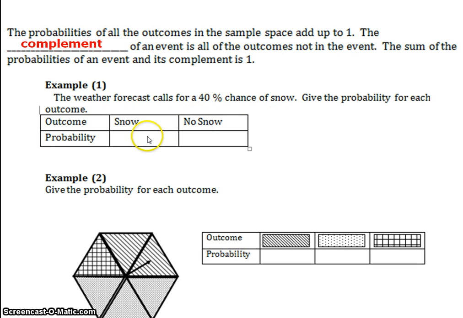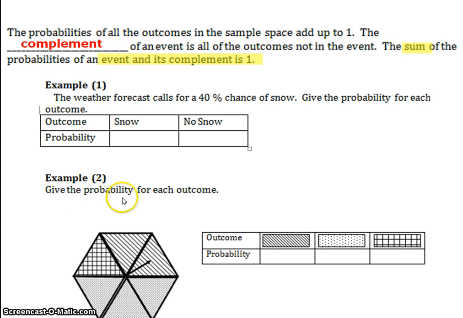I'd like you to write down the probability of snow in this rectangle. And remember, the sum of an event and its complement is 1. That means that the sum of snow and no snow has to equal 1, because those are the only possible outcomes. So please fill these in.